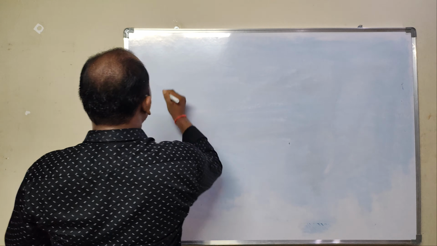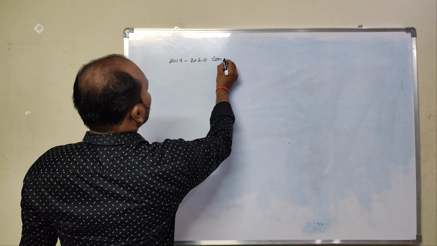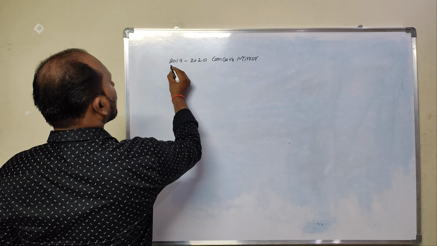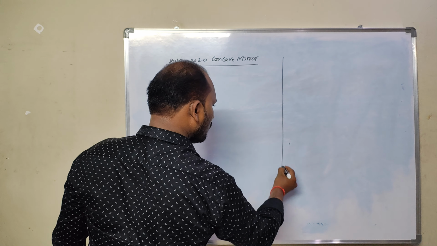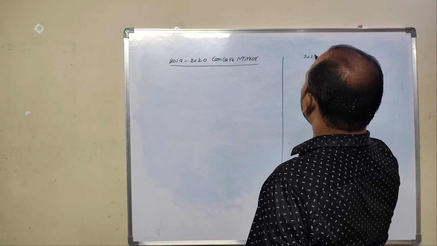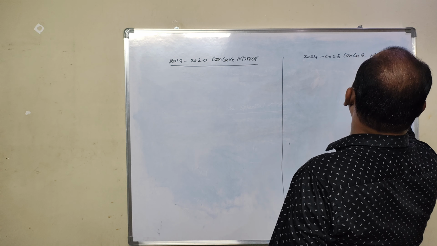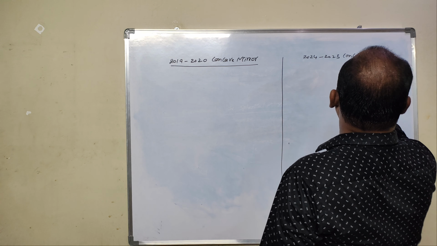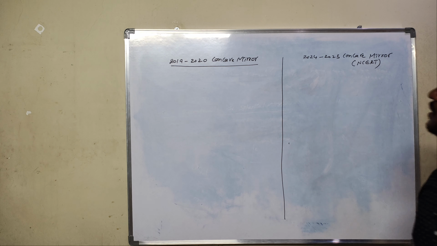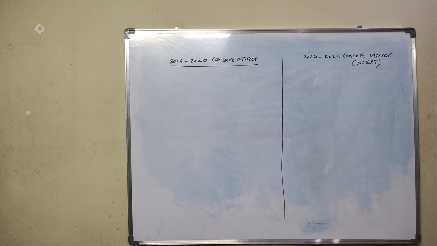Then the 2024-25 concave mirror ray diagrams. This is the latest change, and this is also according to NCERT only, no doubt. Let's see the difference now, guys. We found two things here.